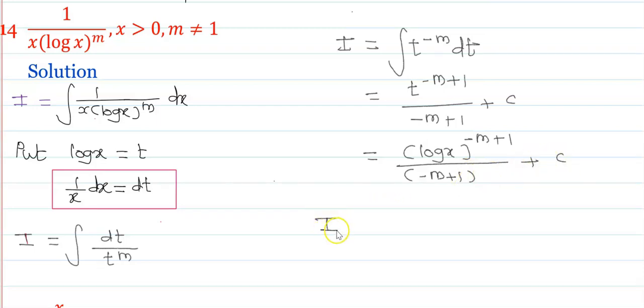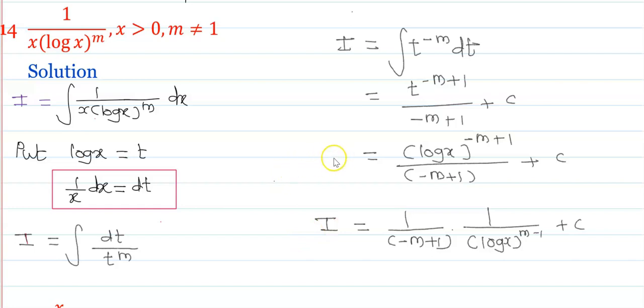It can be written as I is equal to 1 upon (minus m plus 1) bracket complete into, so power will become plus. Therefore, (log of x) raised to m minus 1 plus c.